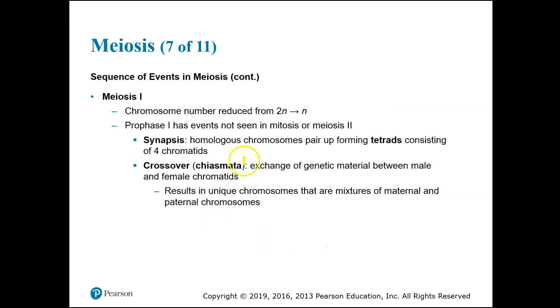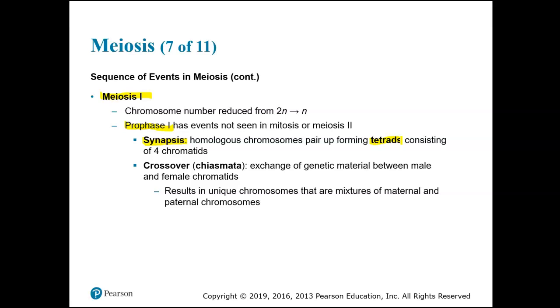There's a process that occurs in meiosis 1 during prophase 1. It is called synapsis, and that is when the homologous pairs find each other and pair up. And when they do that, they form tetrads, because each of the chromosomes has 2 sister chromatids. That makes 4 total chromatids.